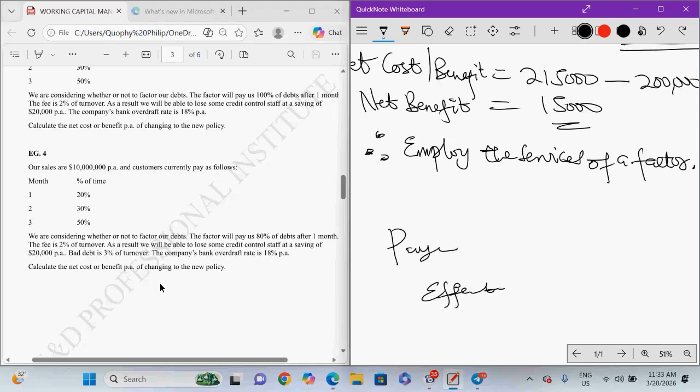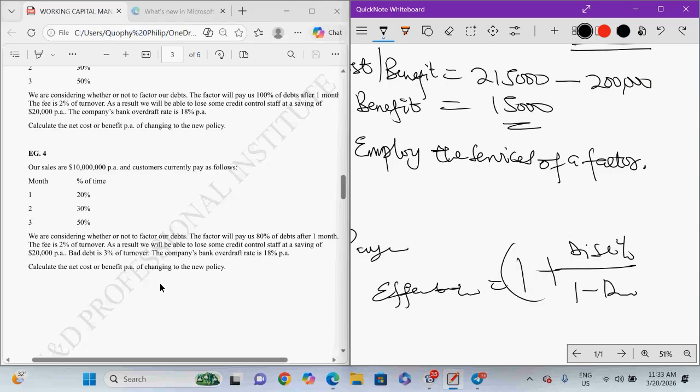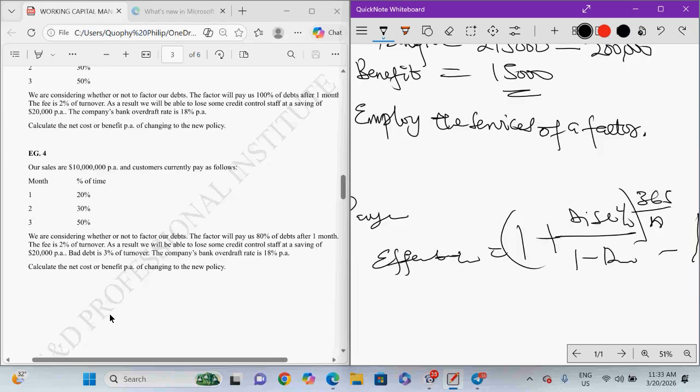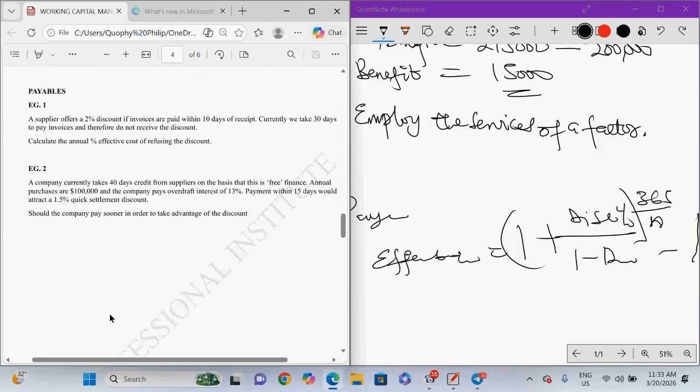When you are calculating the effective cost, it's 1 plus the discount percent over 1 minus the discount percent, all raised to 365 days over n, all minus 1. The payables is also like this. For payables, they'll ask you to calculate the annual effective interest rate.